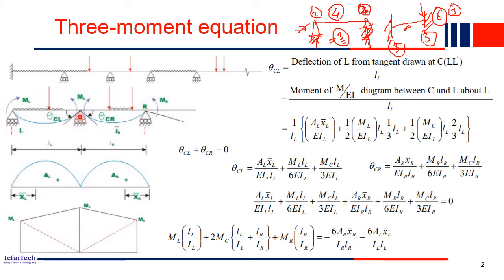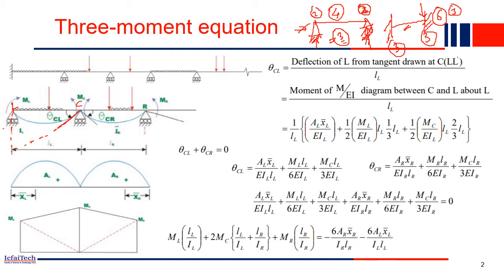θ_CL is here in this diagram. As per the moment area method, let's do it here. At this point we have drawn a tangent. So this is a tangent at this point, right? If you extend this tangent, and now if we find out the deflection that happened at L, this is L, the left-hand side, this is center C, and this is R, already written, right?